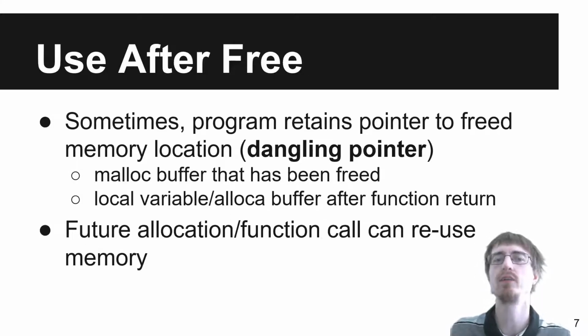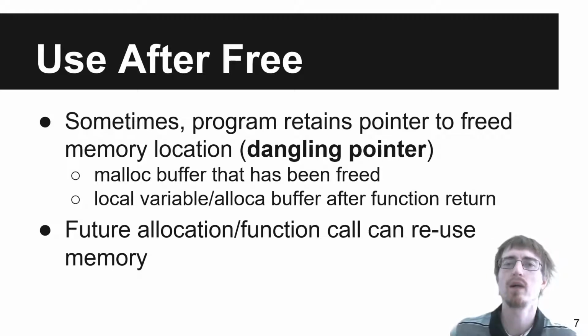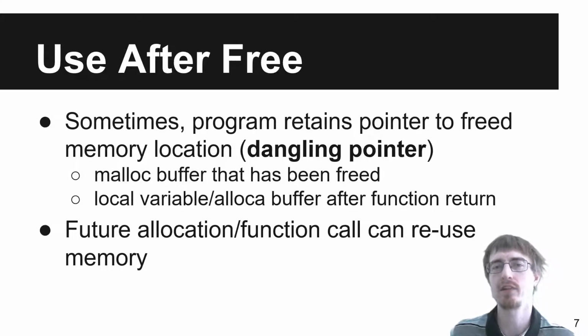We start with the use after free vulnerability. Sometimes a program retains a pointer to a freed memory location. So it calls the free function on a malloc buffer, for example, or it retains a pointer to a local variable or an alloc buffer after a function returns. Now this pointer doesn't change, even though the memory was deallocated.